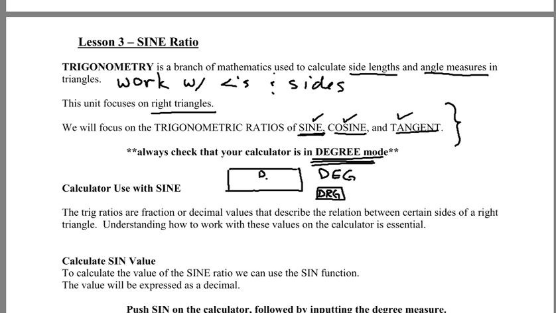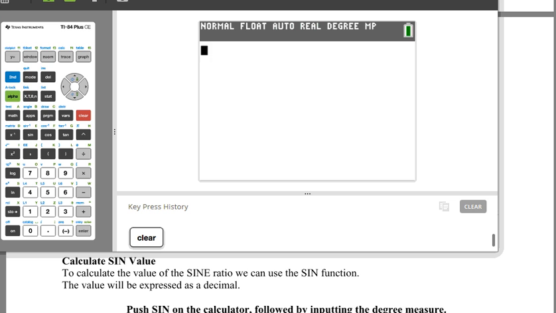We don't want it to say rad for radians or grad for gradients. That's stuff that you'll look at in the future, possibly in math courses. All the time, you pull out your calculator, make sure you're in degree mode.